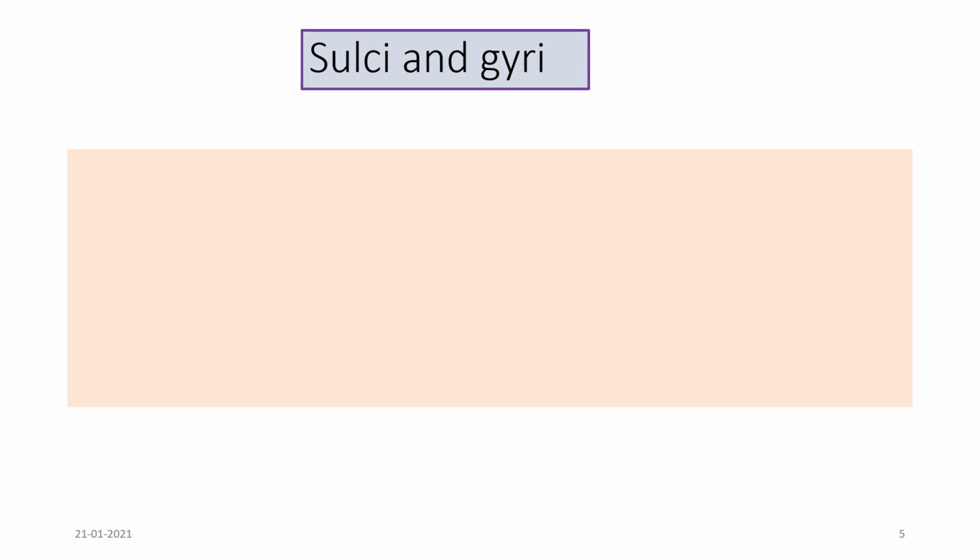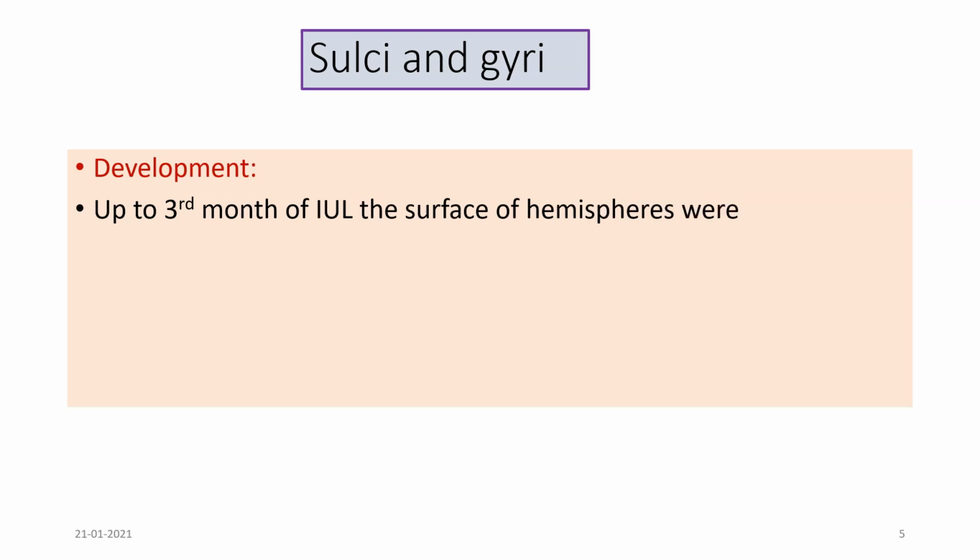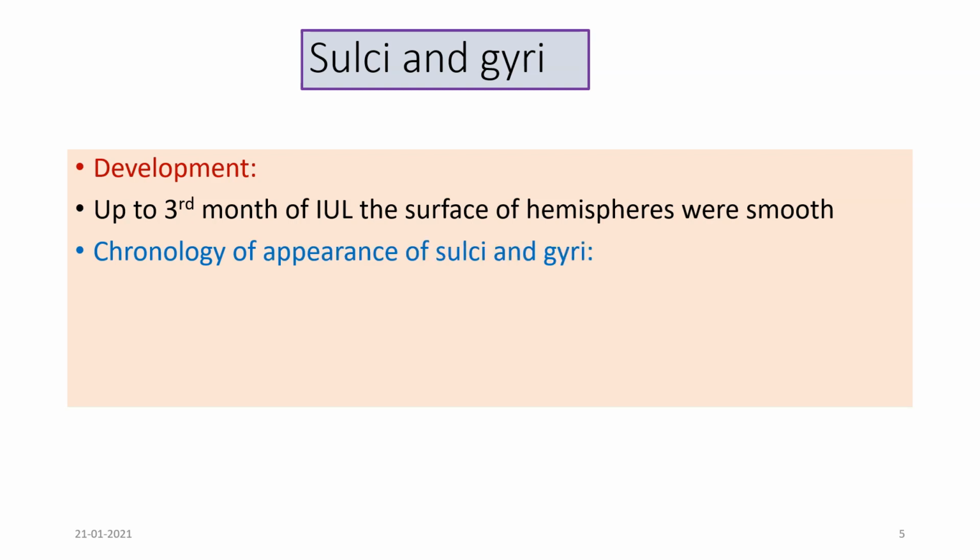Coming to the development of the sulci, how do they develop? Up to the third month of intrauterine life, the surface of the hemispheres is smooth. The sulci and gyri follow a sequence in their appearance during development.